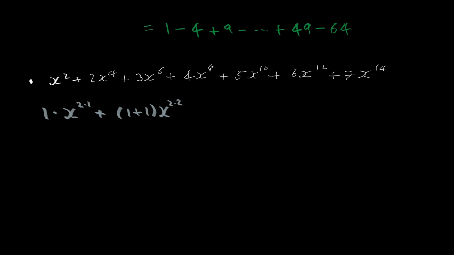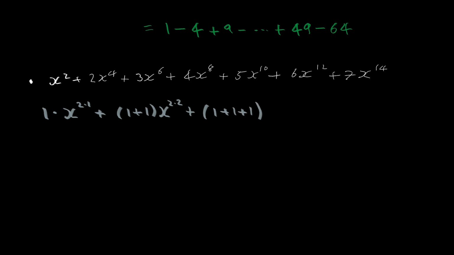Plus 1 plus 1 plus 1. This is what I mean by writing the terms in a way that isn't simplified in order to reveal the pattern. So you can see that the coefficients in front of the x's are increasing by 1 each time.